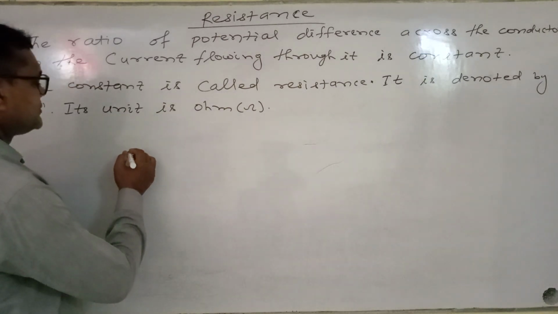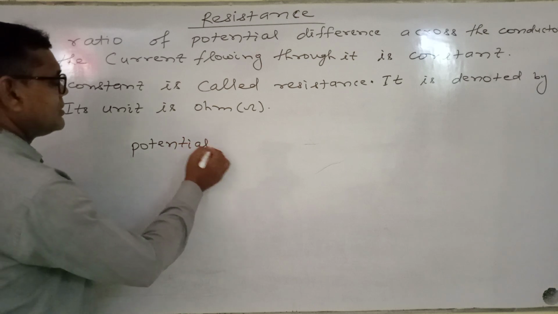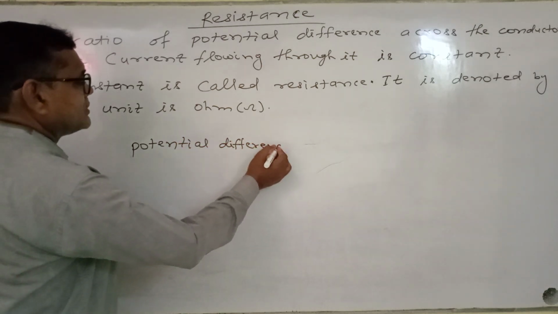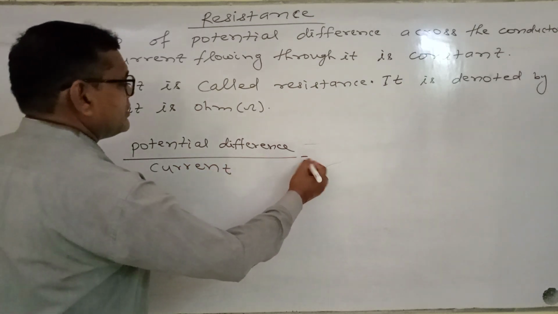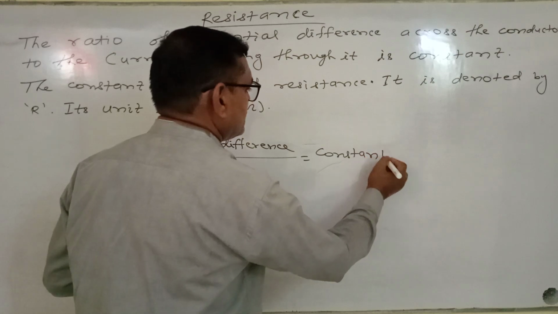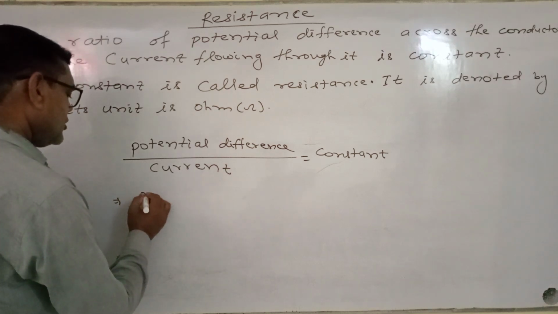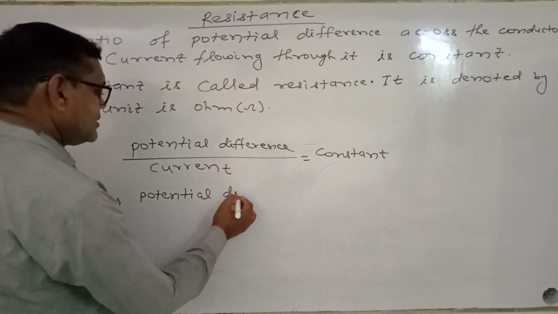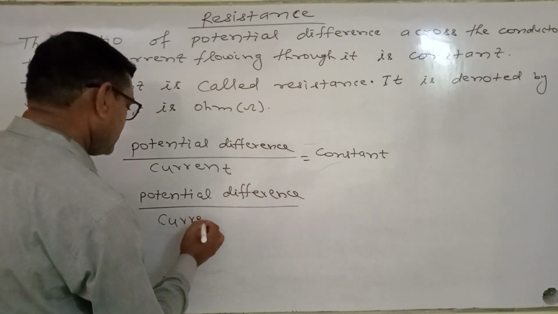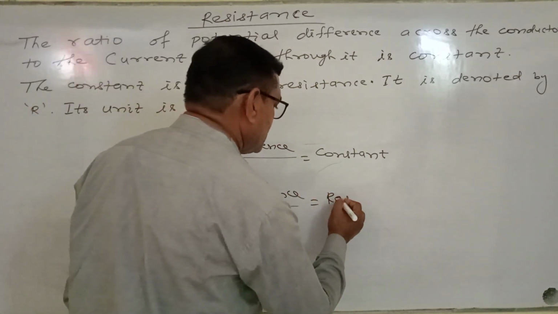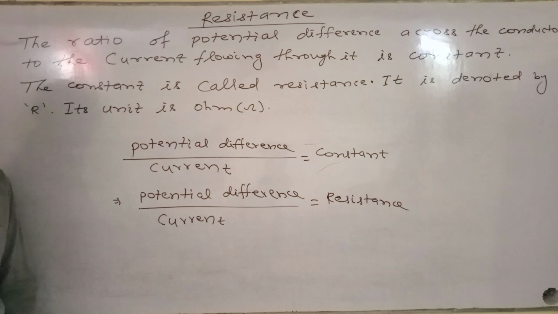According to the definition, potential difference upon current is equal to constant, that is, resistance.